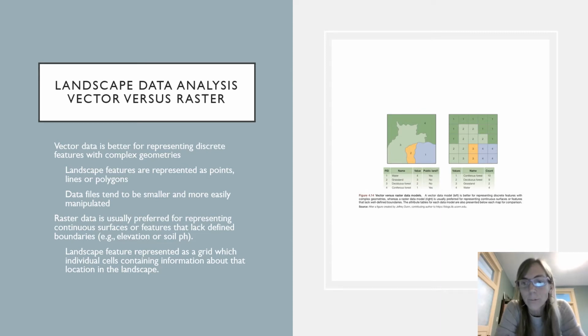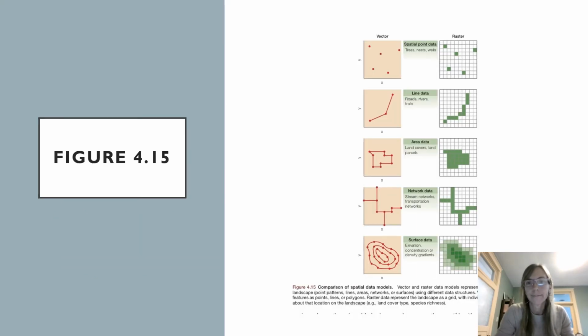So obviously in GIS we can convert from raster to vector and vice versa. This figure gives an example of the same.